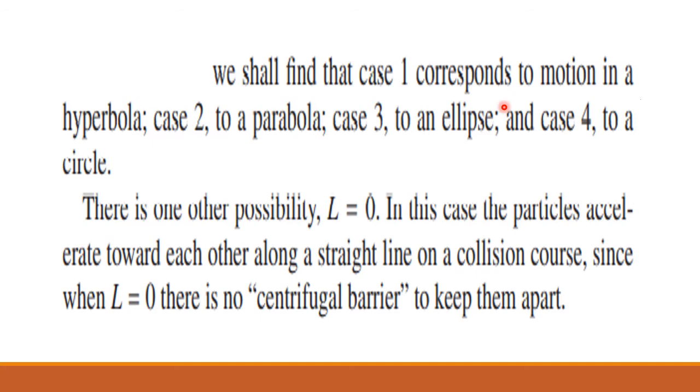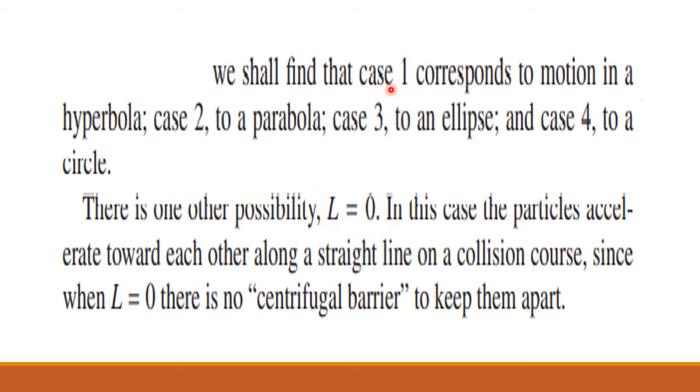Now, when energy is positive, E greater than 0, the motion is a hyperbola. In the second case, when E is equal to 0, we get a parabola. For the third case, when E is less than 0, the motion is an ellipse, and in case 4 you get a circle. There is one more possibility, when L is equal to 0.